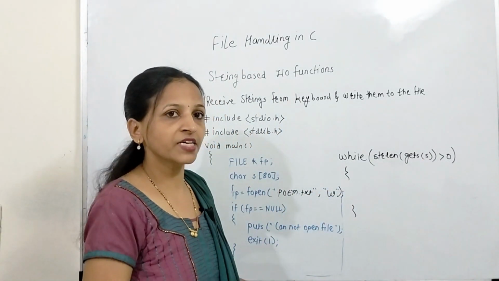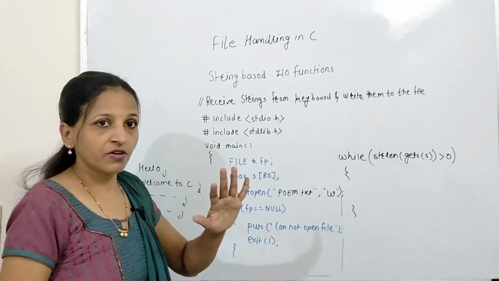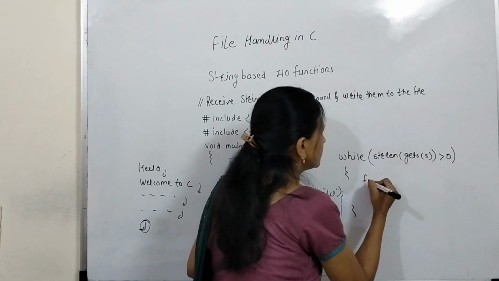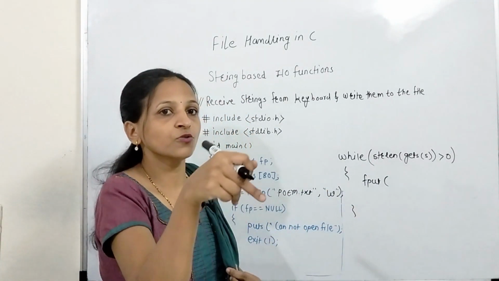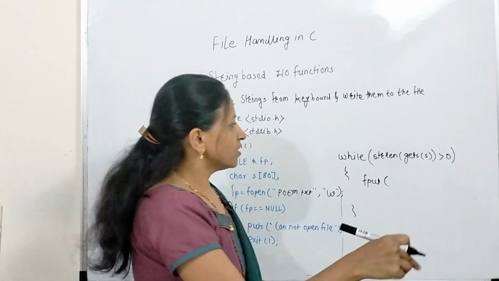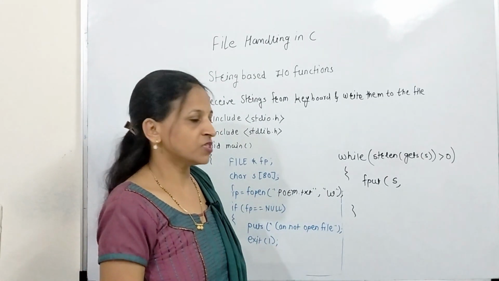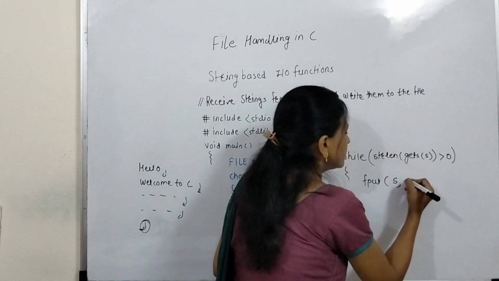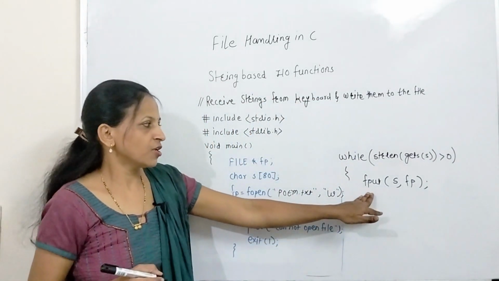Now to write a string to the file we have to use the fputs function, whatever we have seen now. For fputs, the first argument is the string that you want to write to the file, that is s, the string accepted from the user, and in which file, where f is pointing, that file pointer we have to pass as the second argument.